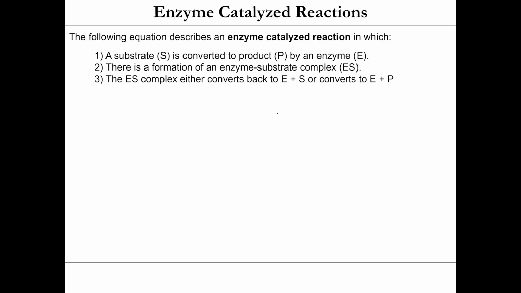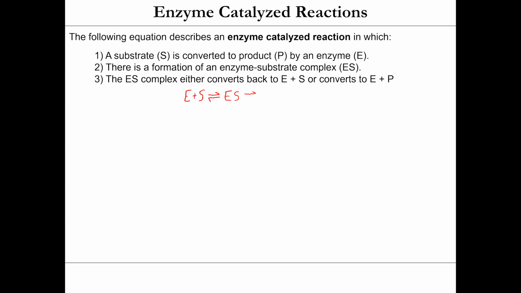So now that we've just looked at chemical reactions, we can add in enzymes to make equations that account for enzyme catalyzed reactions. So an enzyme catalyzed reaction would be described by an enzyme. You have an enzyme plus a substrate, so S for substrate, and this is a reversible reaction where this will form an enzyme substrate complex as an intermediate.